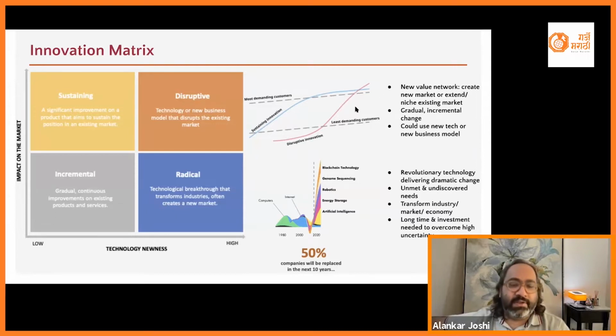We'll look at the other three, right? And out of those other three, there are two that are more interesting, which we'll look at in more detail, right? So let's look at those innovations where no new technology is deployed, but the impact on the market can be quite high.